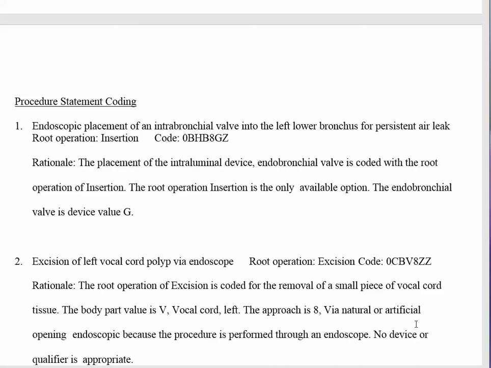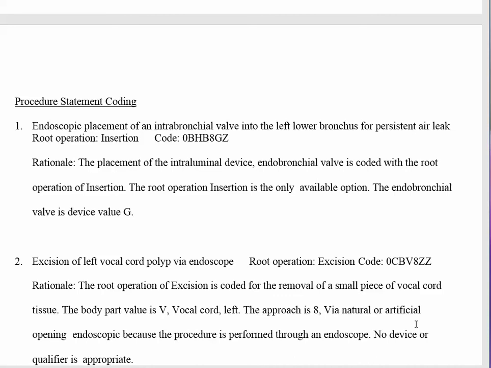That particular row, moving across, we only have one option for device, which is G, and G is intraluminal device, endobronchial valve, which is exactly what we want. And the last character value is Z. So we end up with 0BHB8GZ.